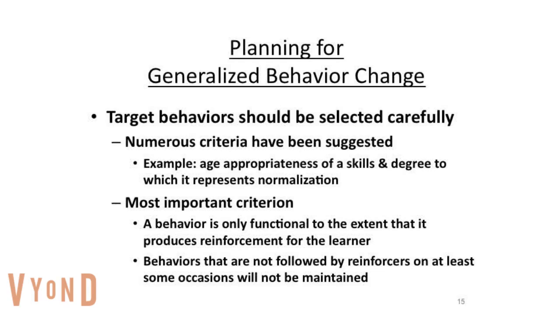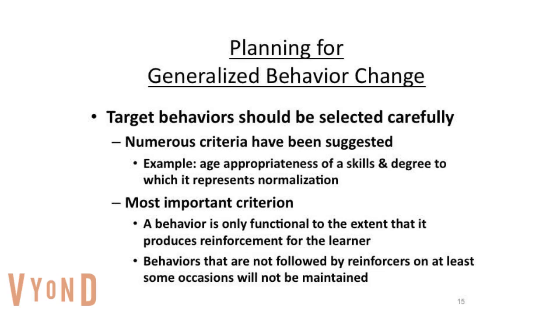The target behaviors should be selected very carefully. There are different criteria that they suggest. One is making sure that the skill and the degree of independence for the skill is very age appropriate. So what would be typical for that learner in their environment?